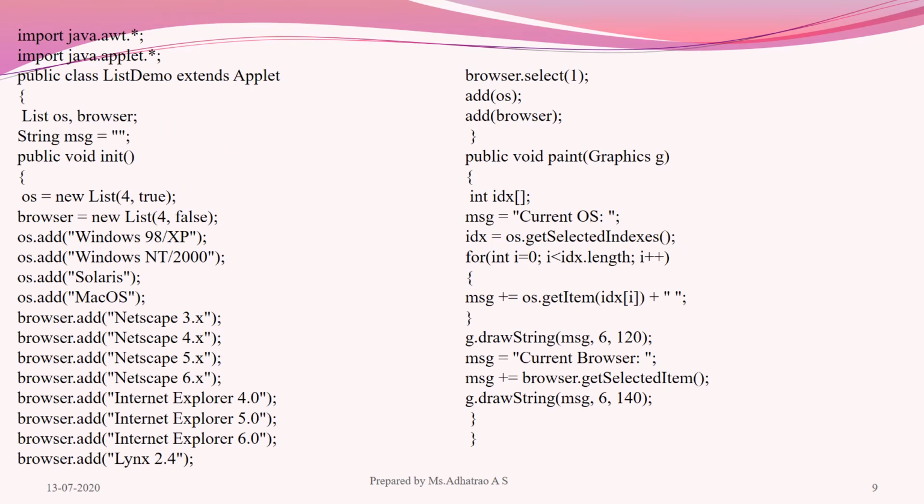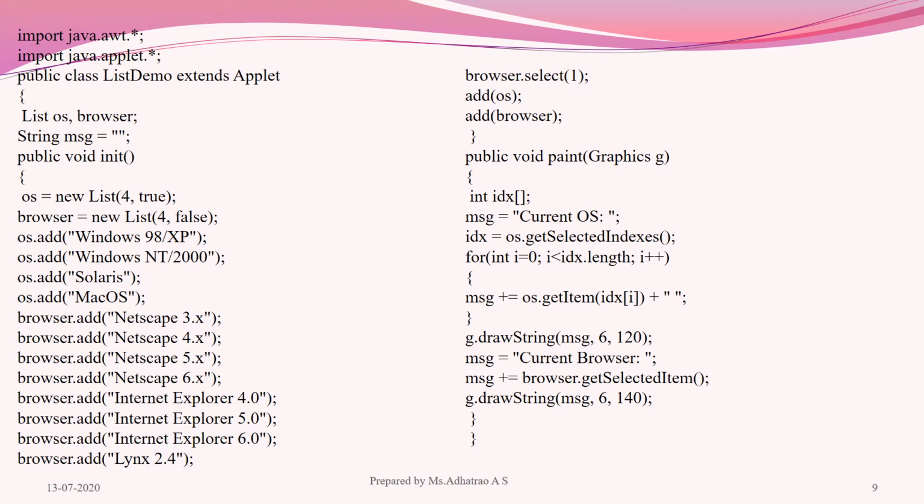So this is the example of list. Here I am creating list objects, declaring them as os and browser, where I am going to show a list of operating systems and the names of browsers. Here os is equal to new List(4, true), which means I am going to add 4 items to that list and setting multiple selection to true.